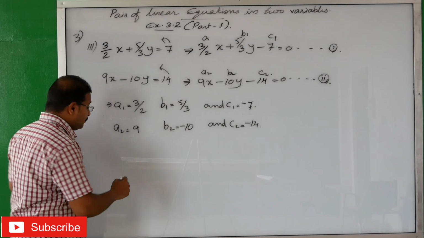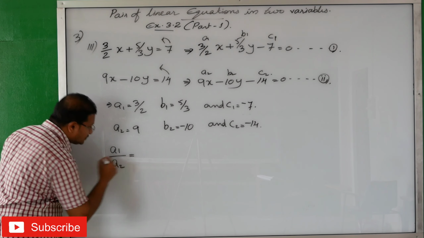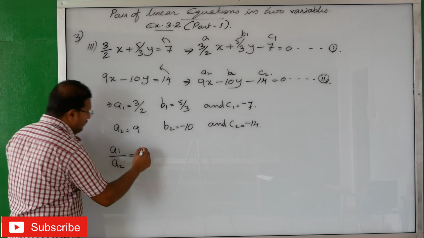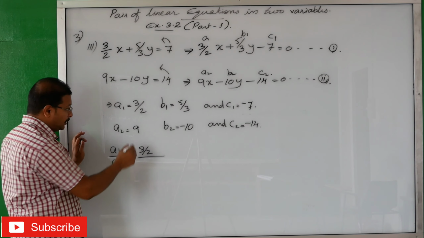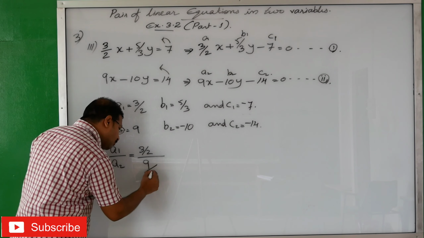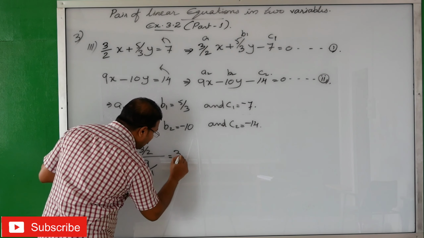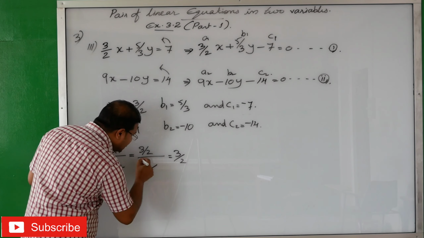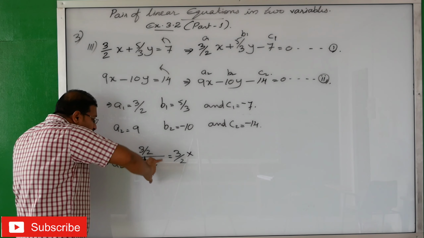Now what will you do? First we'll find out A1 by A2 equals. What is the value of A1? That is 3 by 2 divided by A2. A2 is 9, which you can write as 9 by 1. This division, if I change into multiplication, I will write the inverse.